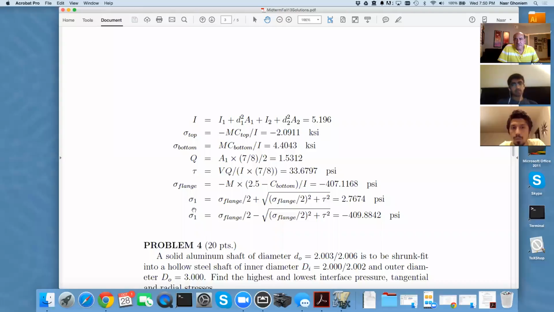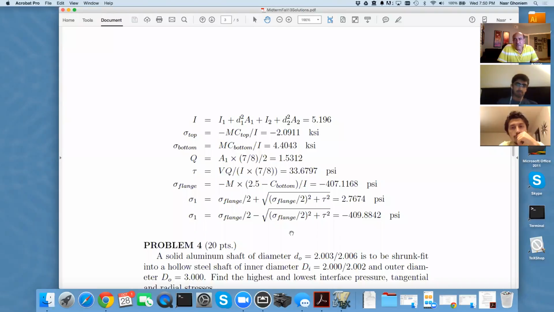So we have sigma 1 and sigma 2. And that is the center of the Mohr circle, C, plus or minus the square root of tau squared plus sigma x minus sigma y over 2, squared. Sigma y here is 0, so we have sigma x only over 2.